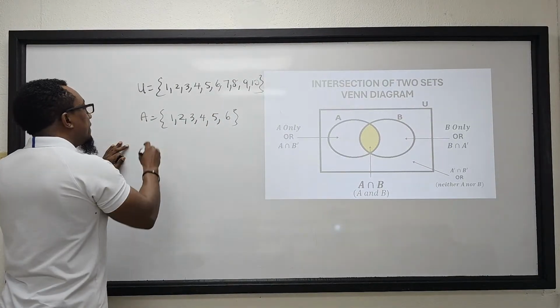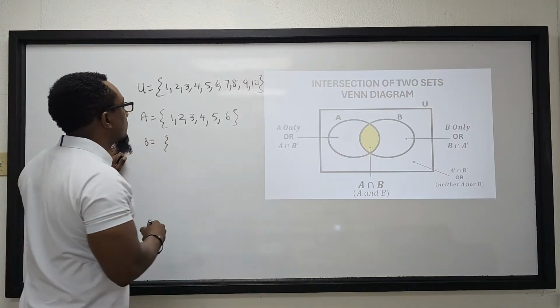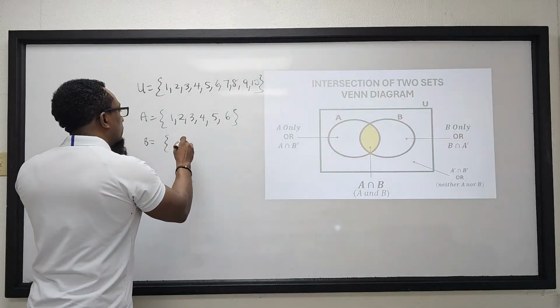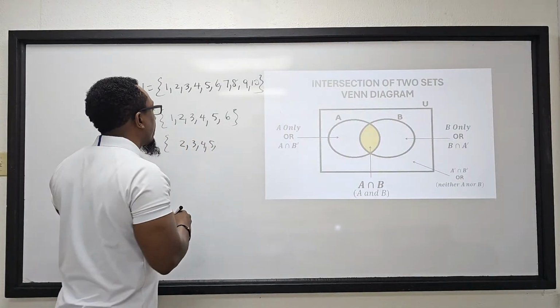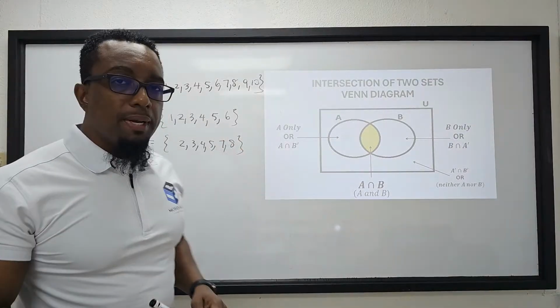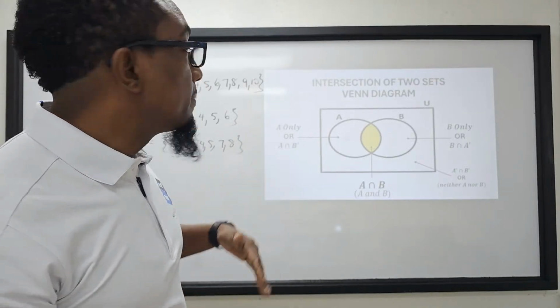I have B, whose elements are 2, 3, 4, 5, 7, 8. Right, so I'm going to make some changes to the question and the two subsets.